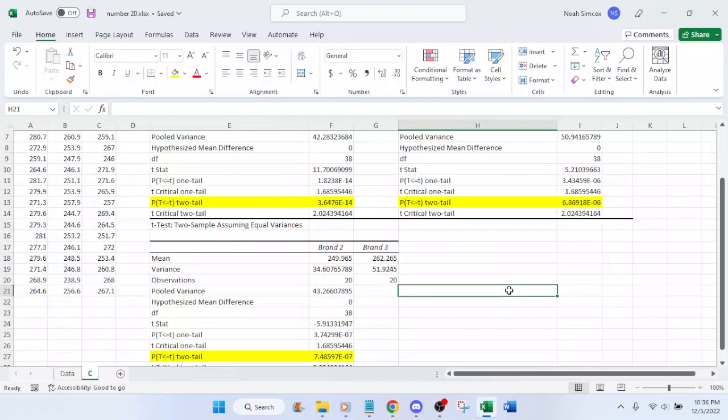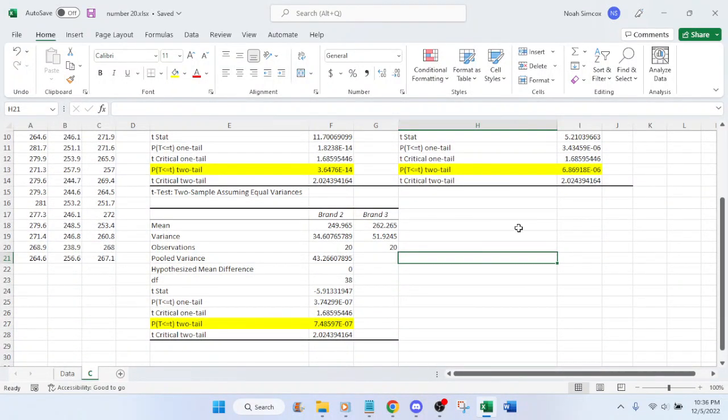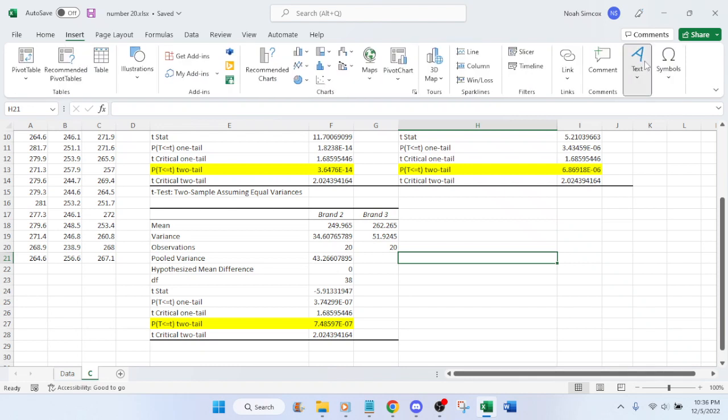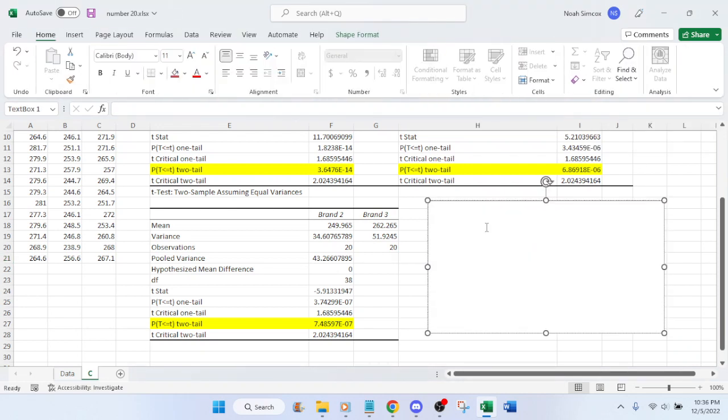Now we have to state all these. For every test, the null hypothesis is that the means are equal and the alternative hypothesis is that the means are unequal. Every test has a p-value below 0.05.